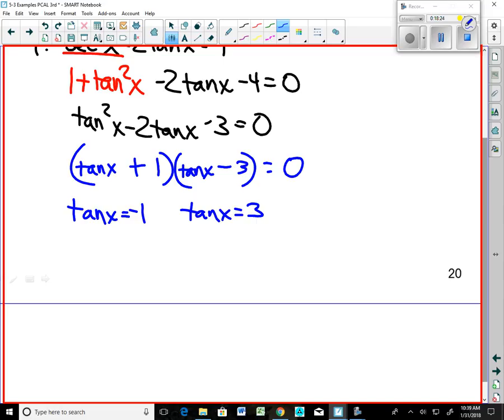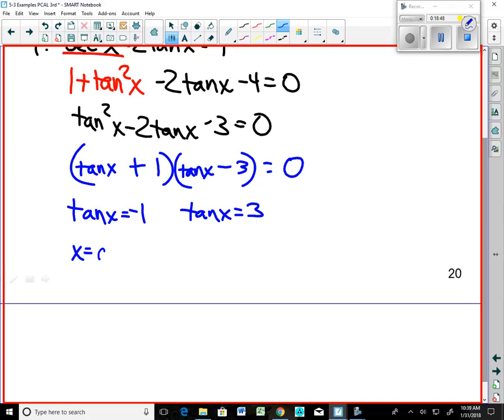In this case, this one is on the table, but this one is not, correct? So the second one we'll just handle by saying the angle that we're looking at is just going to be the arctangent of 3. So I'll write both of them that way, but this one we can do a little bit more.